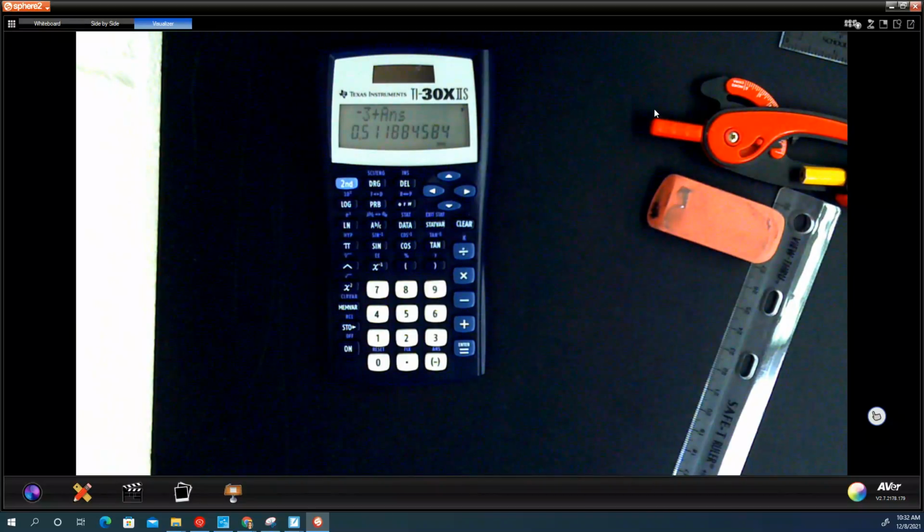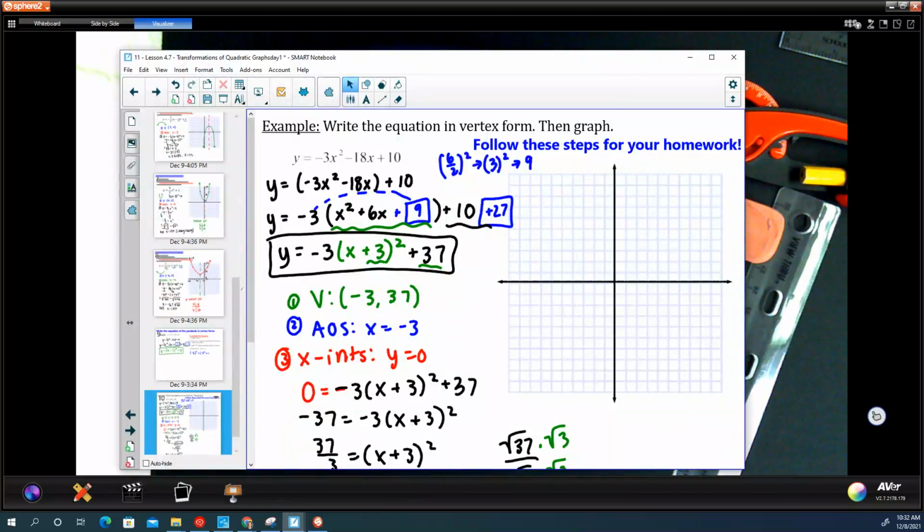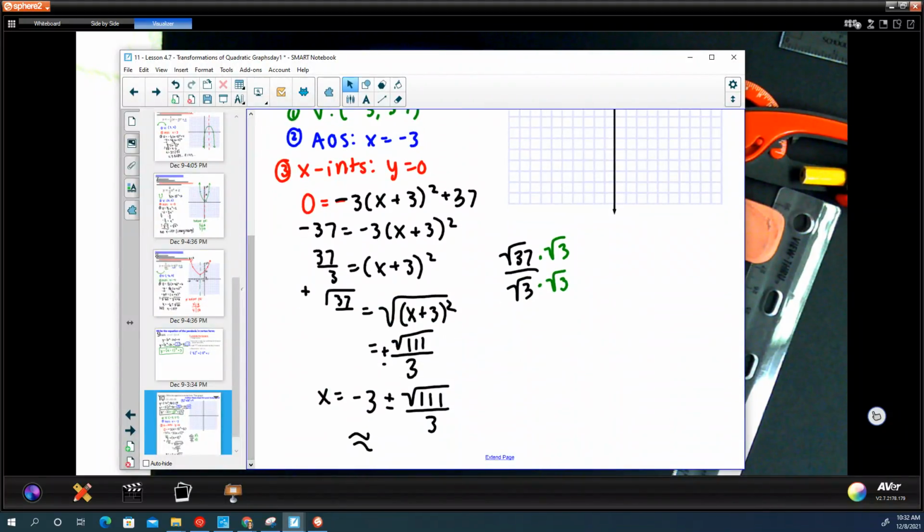I did -3 plus that. Obviously, we have to do plus or minus. I always do plus first, just because that's written on top. So when I did -3 plus that irrational number, I got about 0.5118.